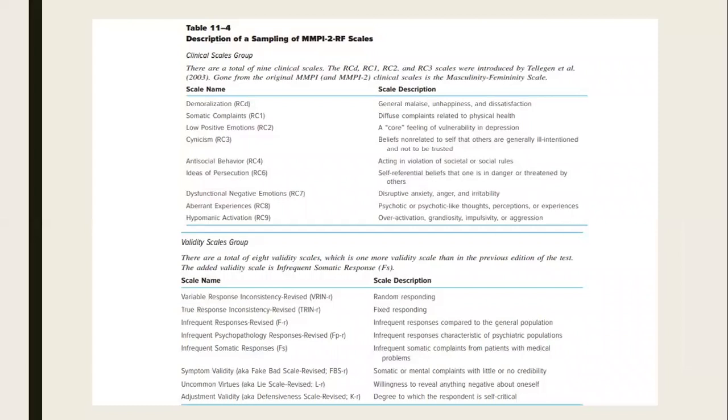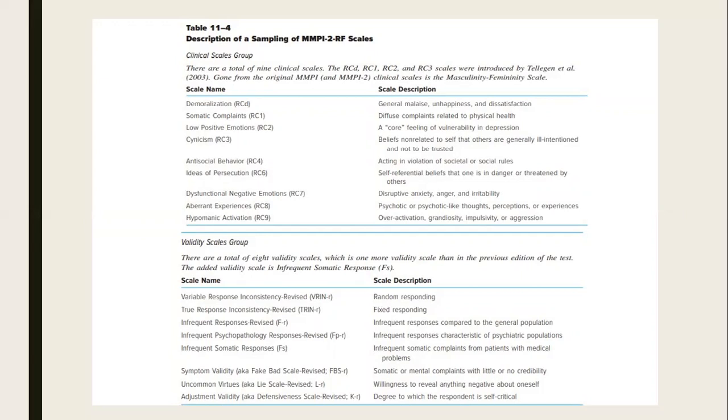So here in Table 11.4 is the description of a sampling of MMPI-2-RF scales. The MMPI-2-RF aids clinicians in the assessment of mental disorders, identification of specific problem areas, and treatment planning in a variety of settings.